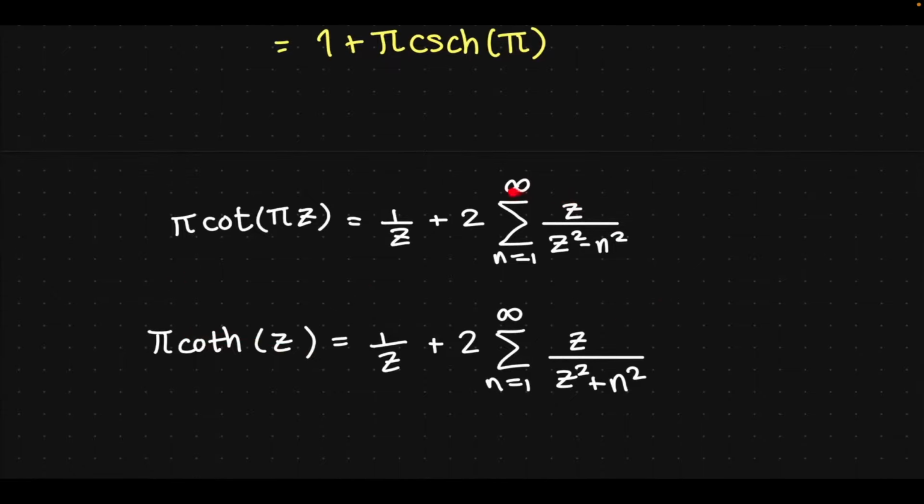You can either derive this on its own, or you can take the infinite product representation for the sine, take the natural log on both sides, and then differentiate, because the derivative of the natural log of sine is going to be cotangent. So from that, we know the Mittag-Leffler expansion is pi times cotangent pi z equals 1 over z plus 2 times the sum from n equals 1 to infinity of z over z squared minus n squared.